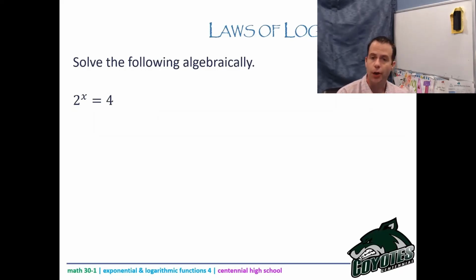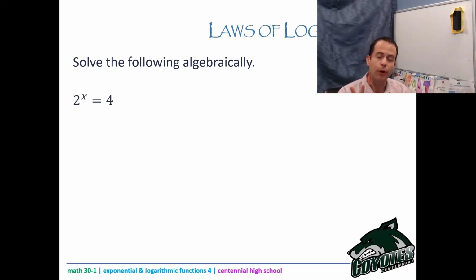Okay, not the point. I'm going to walk you through how to do this using logs instead, so that when the next example comes where we can't write them as the same base, you're going to be good to go. Taking the log of a number is a mathematical operation, just like squaring a number, or adding 5 to a number.